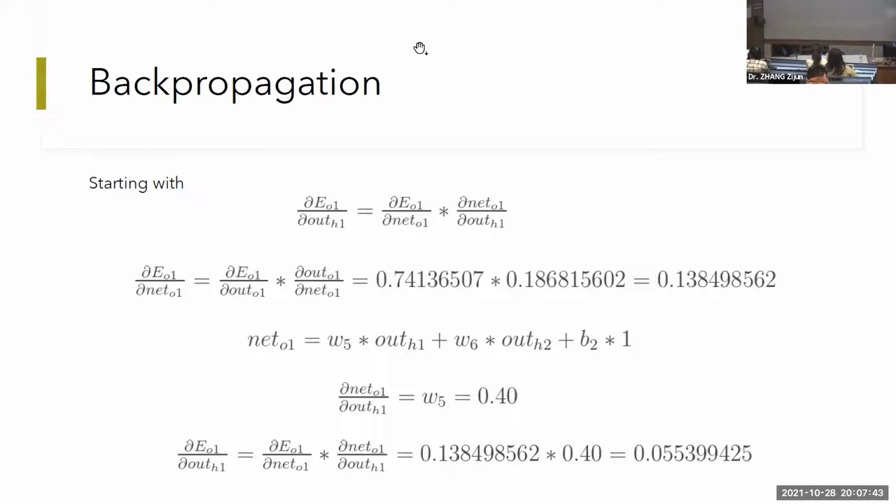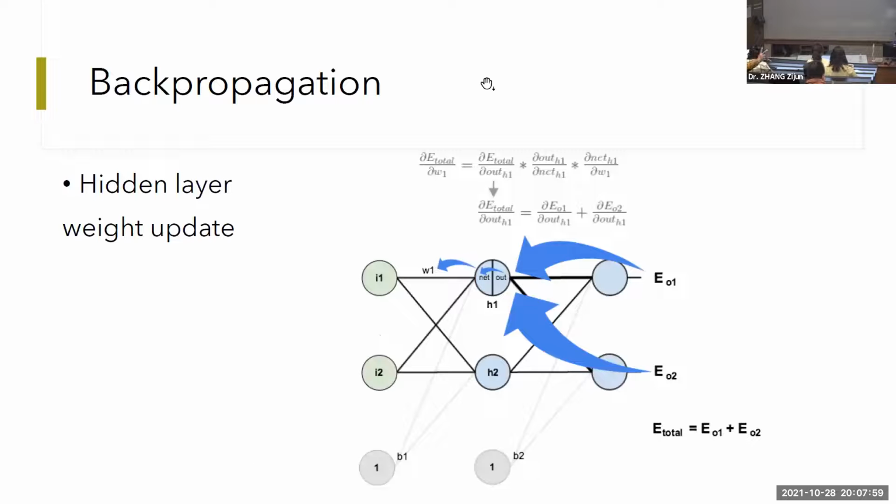So the calculation is pretty similar. We repeat the same story. But the trouble is at the first step. If we go back to the previous slides, these 2 terms add together. They cannot be done immediately.